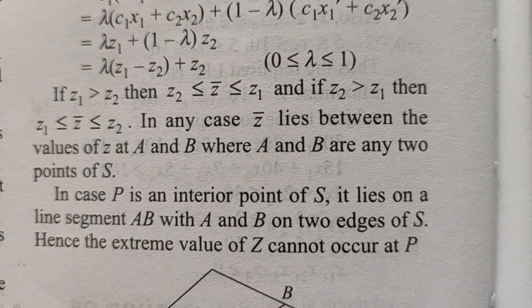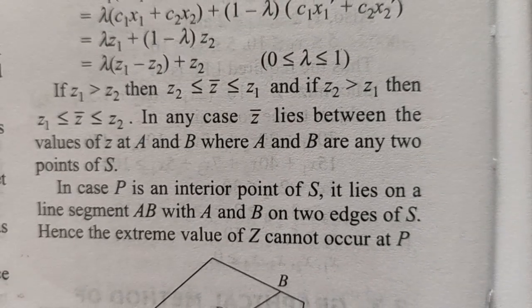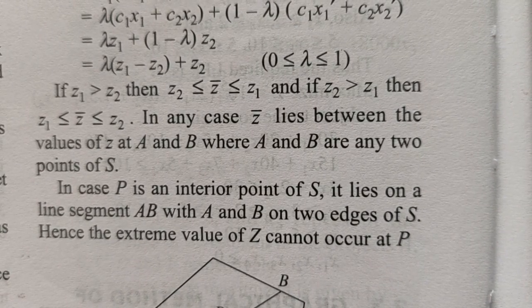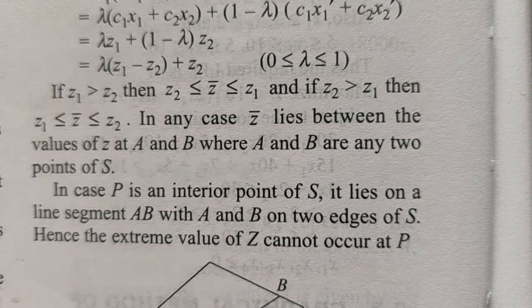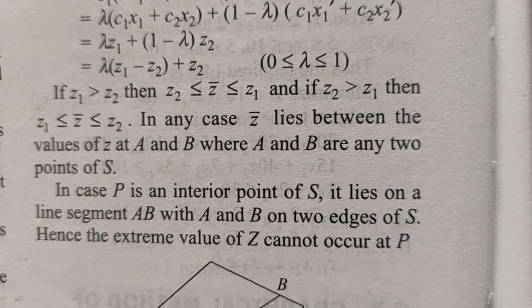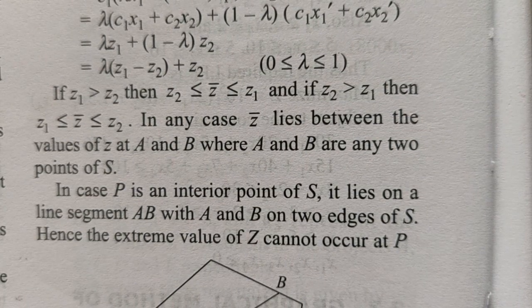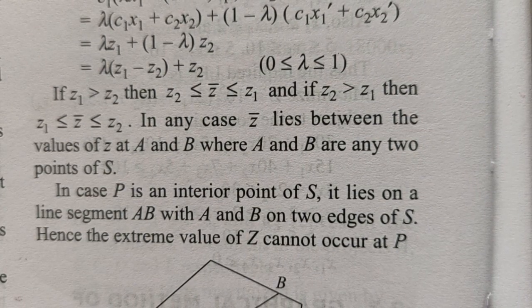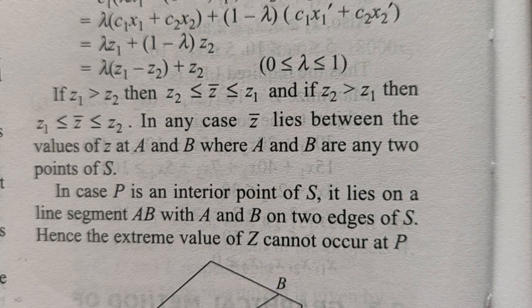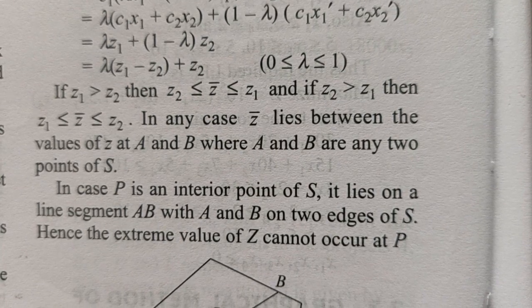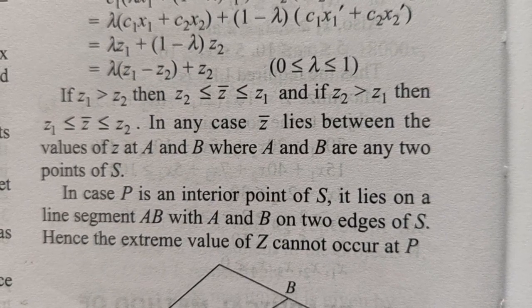Now there are two possibilities. If z1 is greater than z2, then z bar will be a point in between, that is z2 less than or equal to z bar less than or equal to z1. If z2 is greater than z1, then z bar will again lie between them: z1 less than or equal to z bar less than or equal to z2.